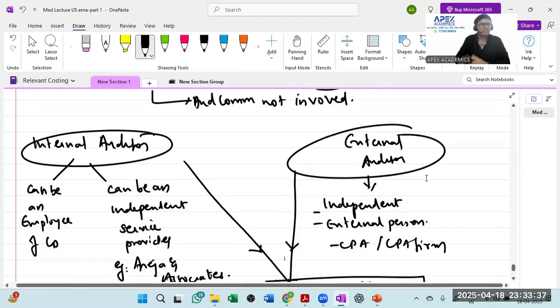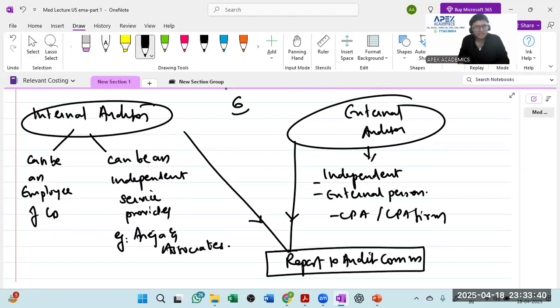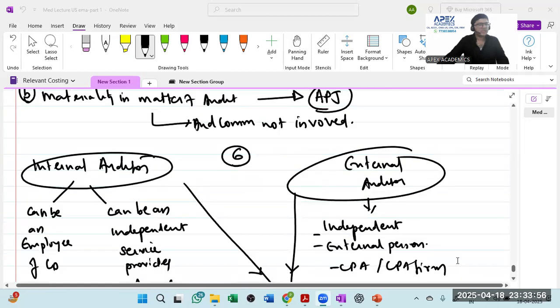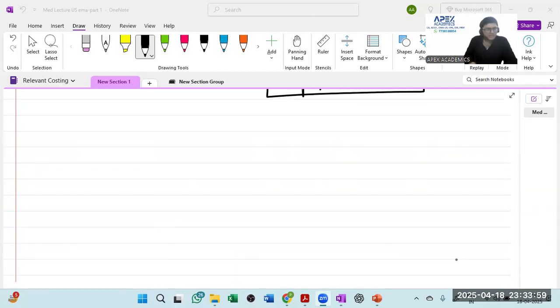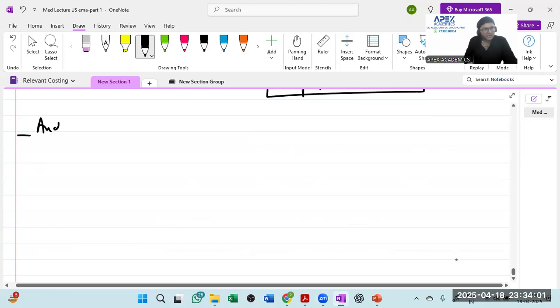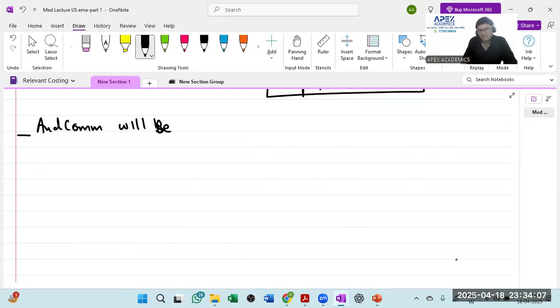Sir, this is concept number 6 in audit committee. Important concept. Sir, please remember, with respect to point number 6, the audit committee will be an intermediary.